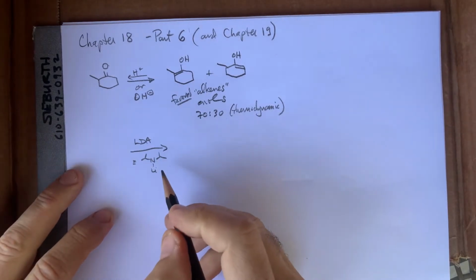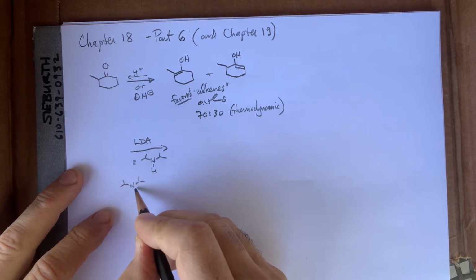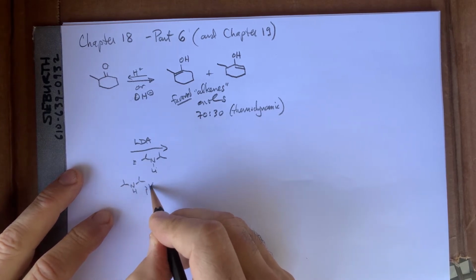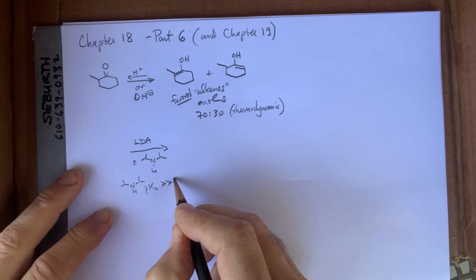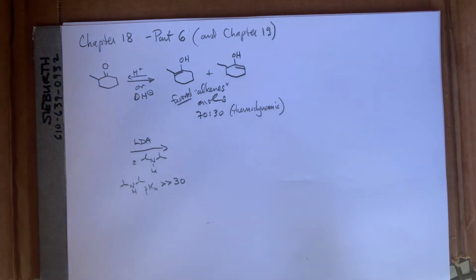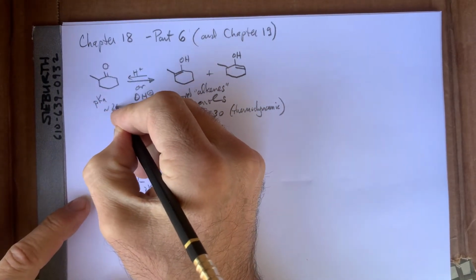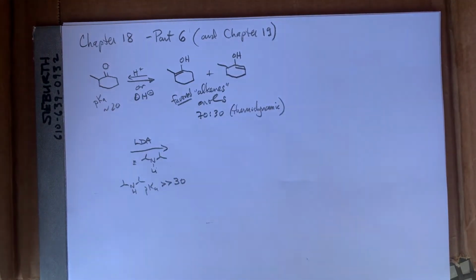The pKa of a secondary amine is well above 30, and I forget exactly what your book quotes. It may be up around 38, something like that. The pKa here, of course, is about 20. So that's a sort of universal ketone pKa value.